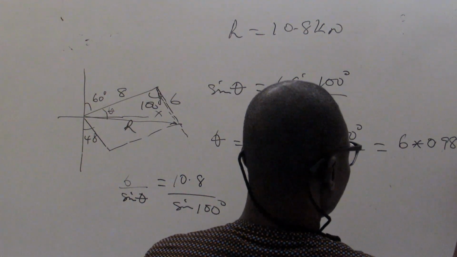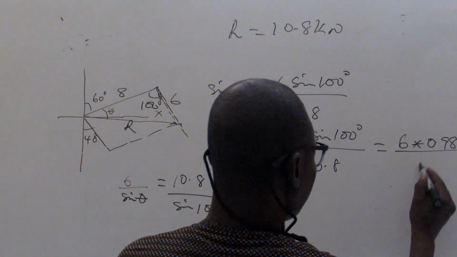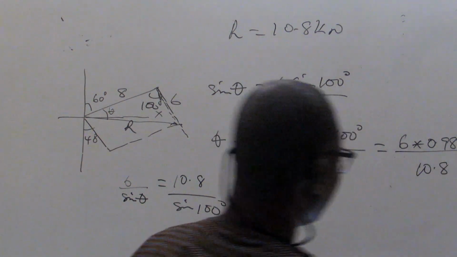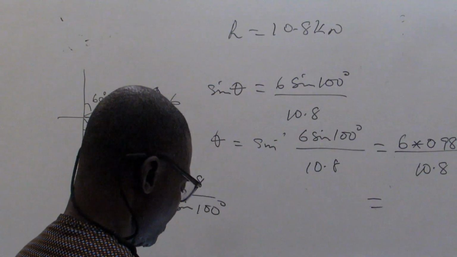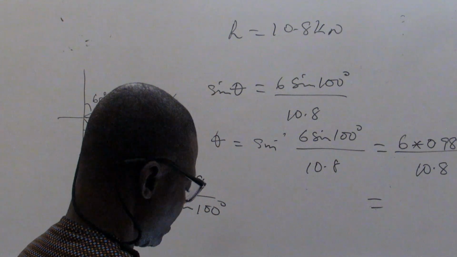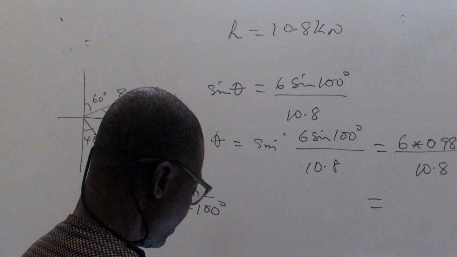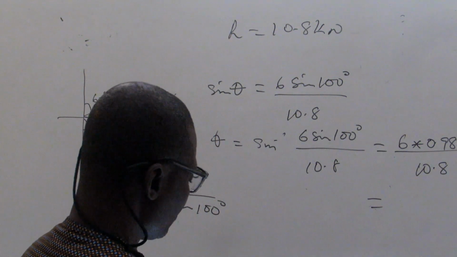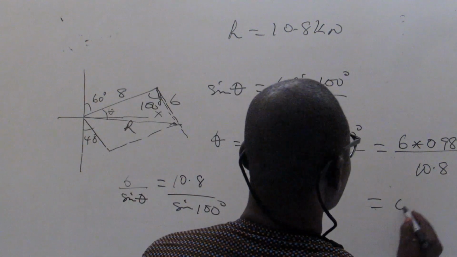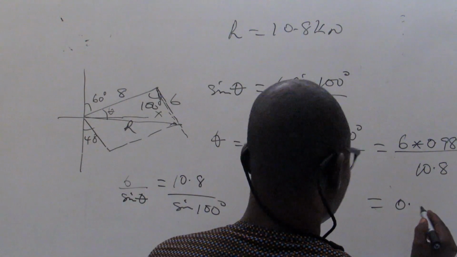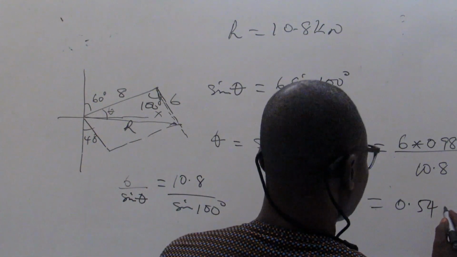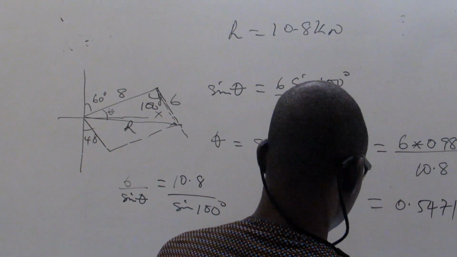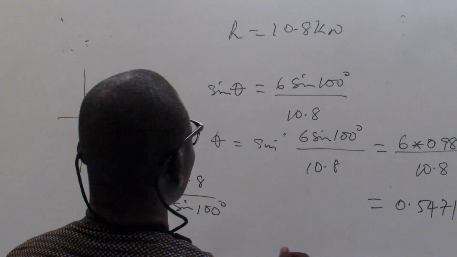0.9848 on 10.8. So let's solve this out. Multiply 6 and divide by 10.8. We have 0.5471.